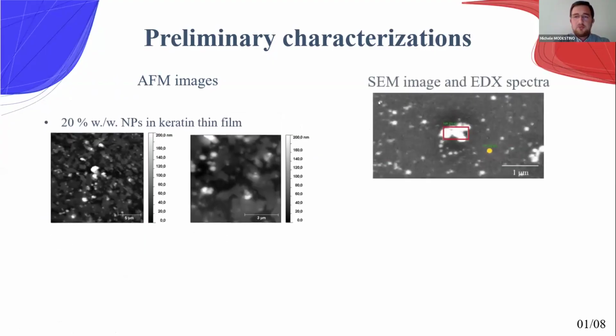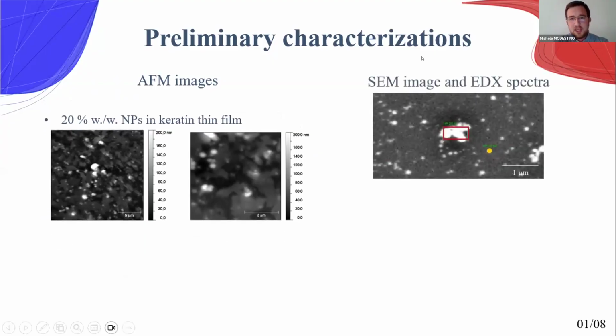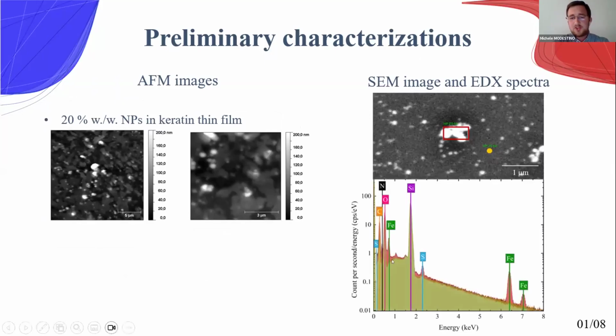This situation can also be observed by SEM images. In fact, it is possible to observe again the presence of these higher structures in a flattened area. After the analysis of these different regions by EDX spectrum, it is possible to see that in the higher area there is the presence of iron atoms that completely disappear in the case of flattened regions.